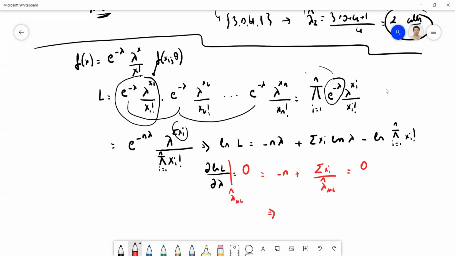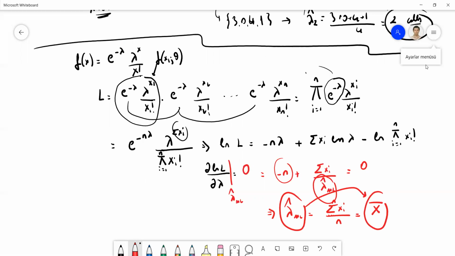Now the rest is very simple. You put n on one side and just change the location of this term. Therefore, the maximum likelihood estimate is going to be equal to 1 over n times the sum from i equals 1 to n of xi, and this is simply x bar. A very interesting solution.